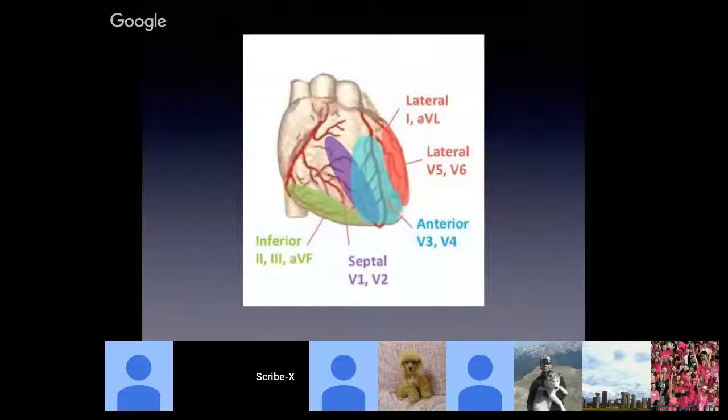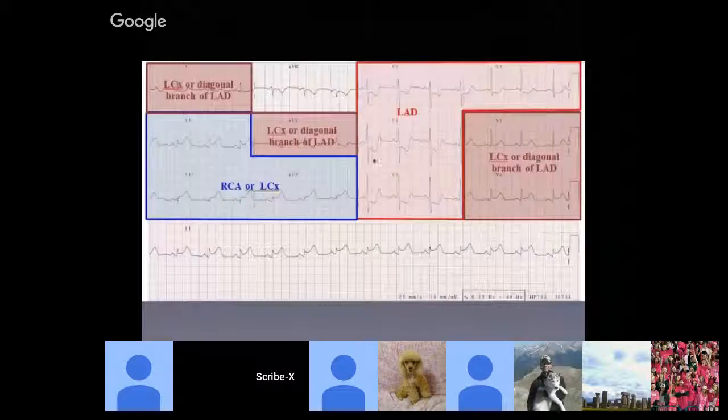And we determine the coronary artery involved in the STEMI on the EKG based on where it's located on the 12 lead. This schematic gives you an idea of what leads are involved with what blood supply. So here's your left anterior descending artery. Here's your circumflex. This is all the left side. Here's your right coronary artery, your inferior wall. And on the 12 lead, this is what it looks like.